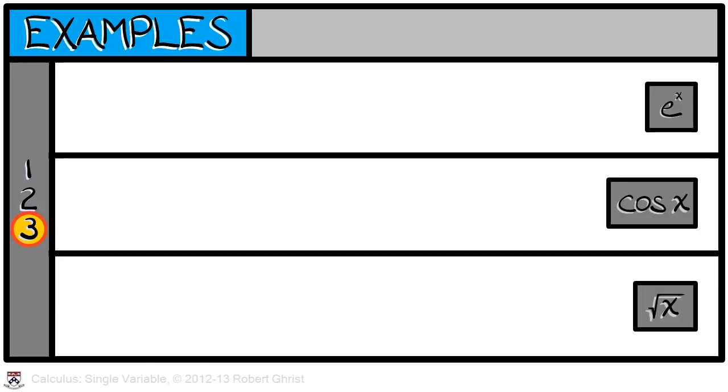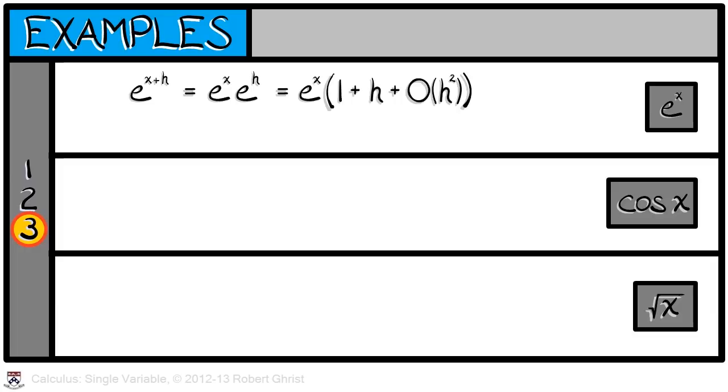A few other examples will help illustrate this. Let's look at some familiar functions, e to the x, cosine of x, and square root of x. First of all, for e to the x, let's compute the first order variation by evaluating it at x plus h. Now we know that e to the x plus h is e to the x times e to the h. And although this is a little bit of circular reasoning, we know what e to the h means.